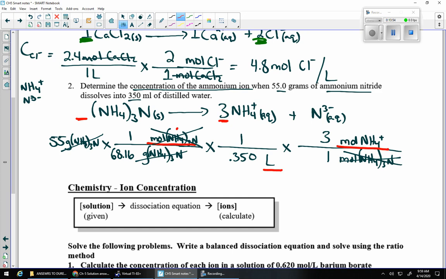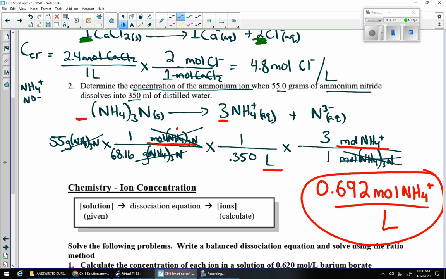So I think this actually works out to be, with proper significant digits, 0.692 moles of NH4 per liter. And I forgot to switch the color back, so we're in a big old red marker there. Perfect. So again, the whole key with this is to make sure we're canceling out units to get what we want.